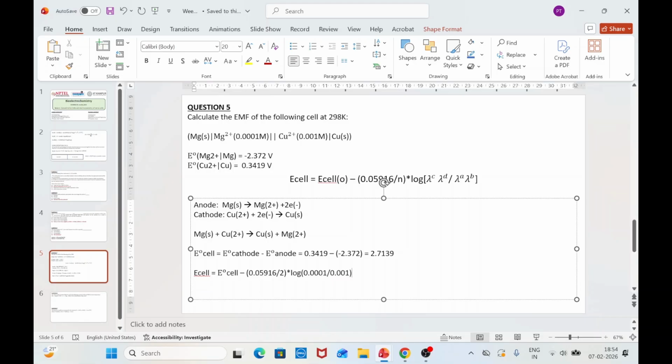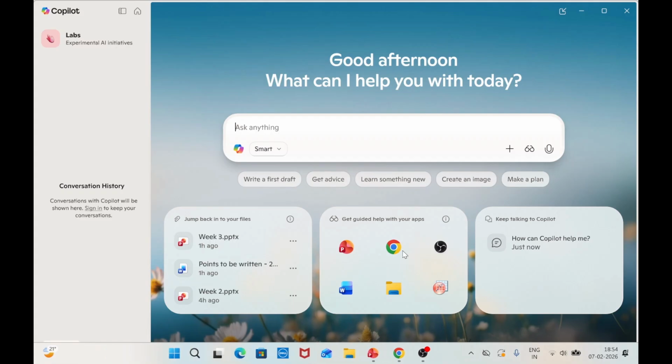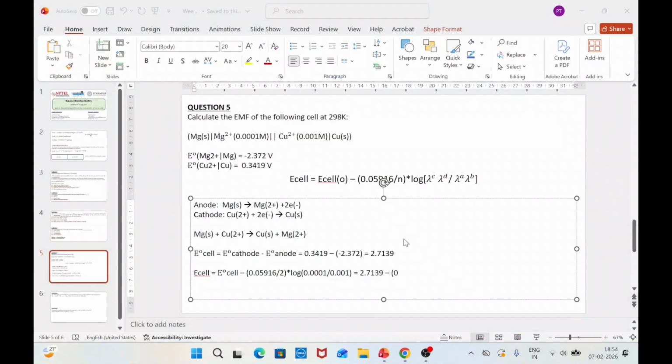So the values will be 2.7139 minus 0.05916 by 2 times log of 0.1. Log of 0.1 is minus 1, so I'm going to write it as plus. Is this fine? So what will be this value?